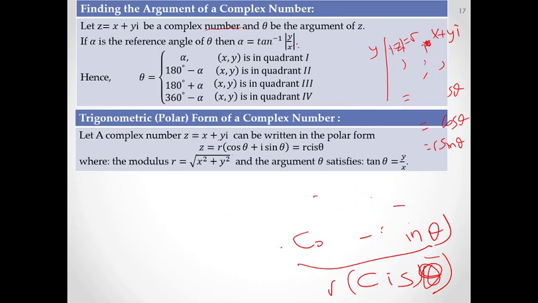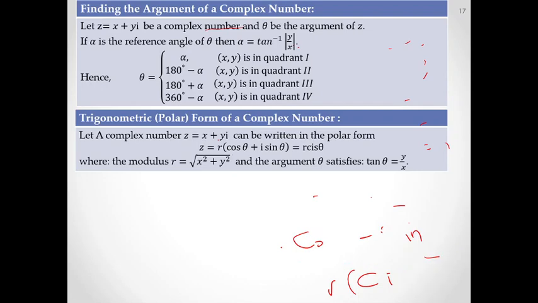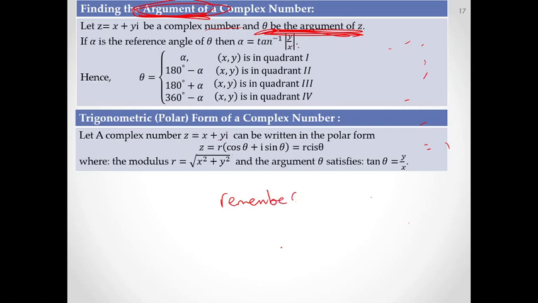And this theta is the angle coming from the previous information. And here, this theta is called the argument of the complex number. This theta is called the argument, by the way. Remember theta, the direction of angle for x, y.